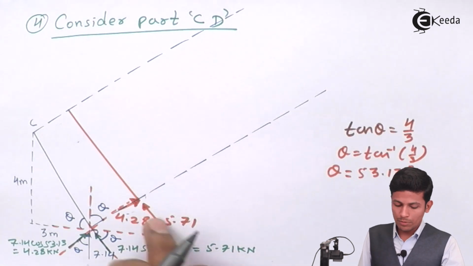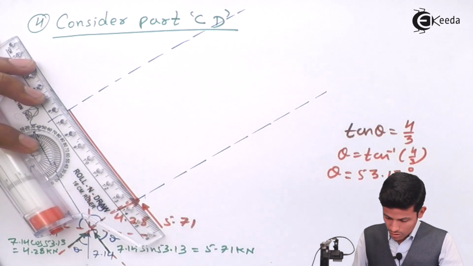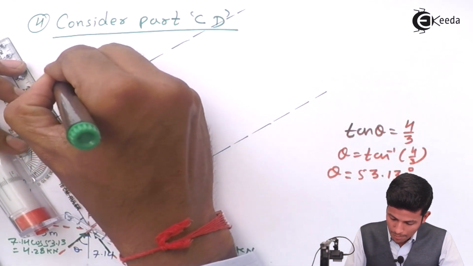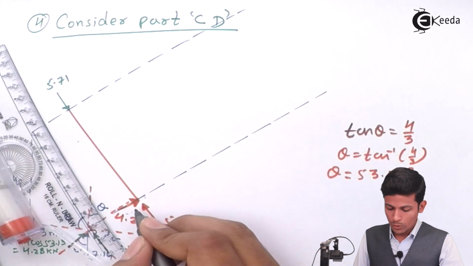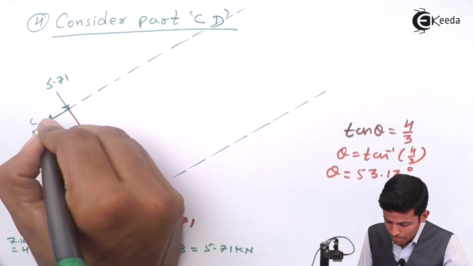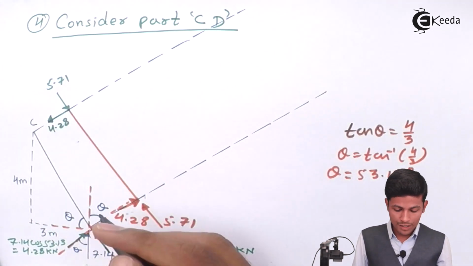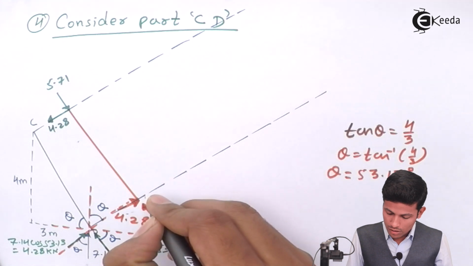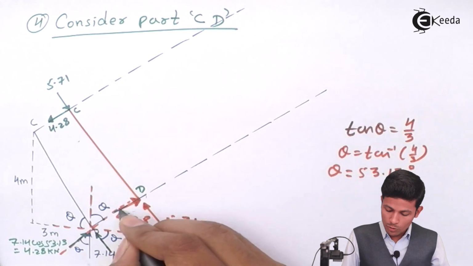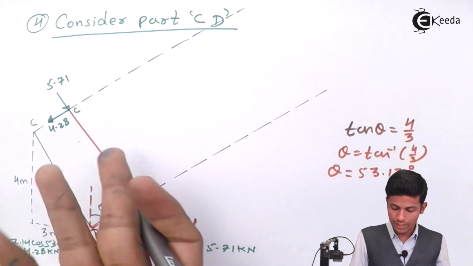See, 5.71 coming from this side, directly apply over here, this will go 5.71, and 4.28 over here, so here we have to apply this force downward, 4.28. Now this part also will get balanced. Okay, this is your C part, this is your D part. Now we want this value and this value. Now we have balanced this over here and balanced over here. Now we are done with this.